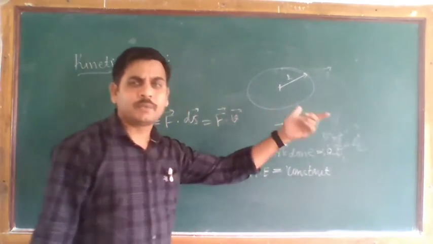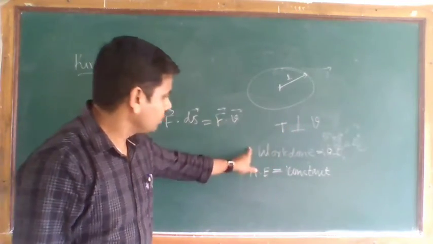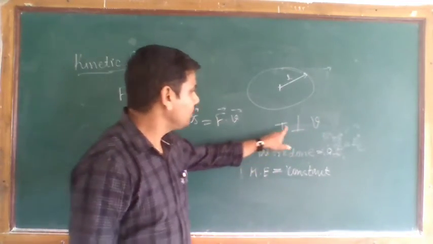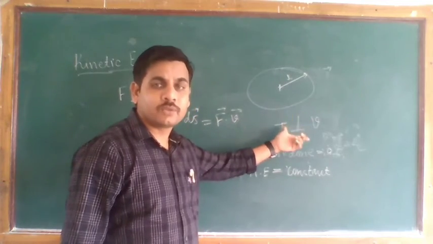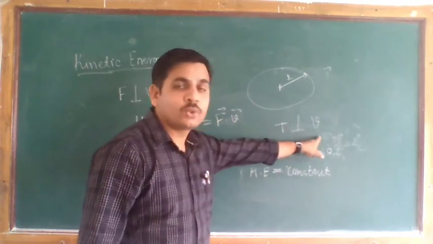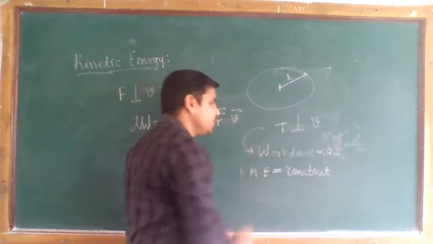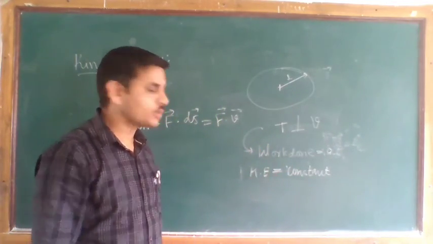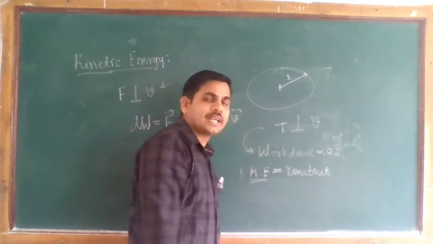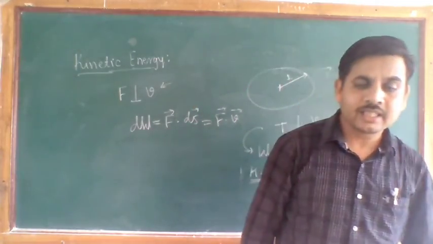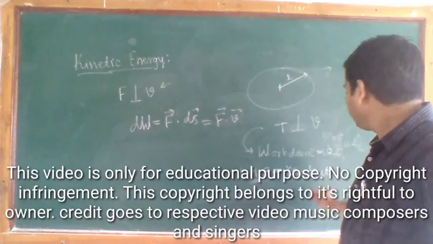In that simple example, the work done is 0 just because of the tension, which is one type of force perpendicular to the velocity, and this shows that the kinetic energy of that particle remains constant.